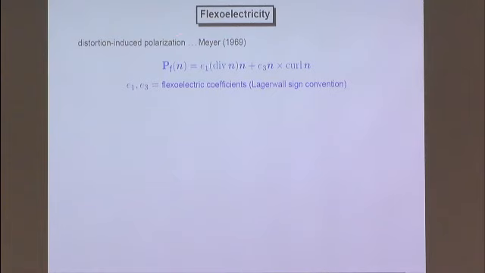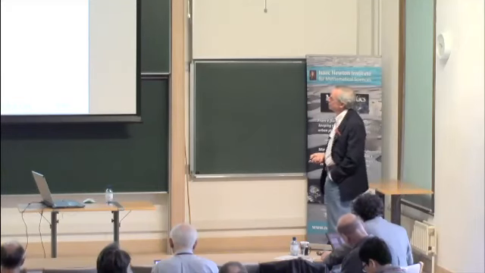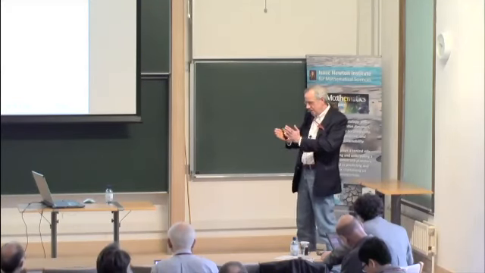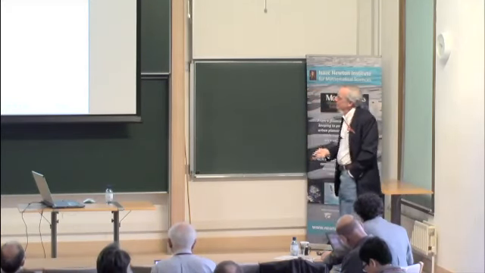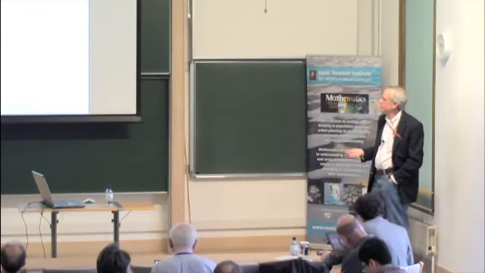And this is attributed to Bob Meyer from 1969 PRL, but the symmetries are such that, depending on the particular materials, the presence of a distortion of this form, a divergence, the presence of a curl or a bend type distortion can possibly induce a local polarization.